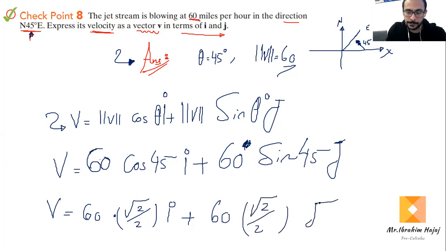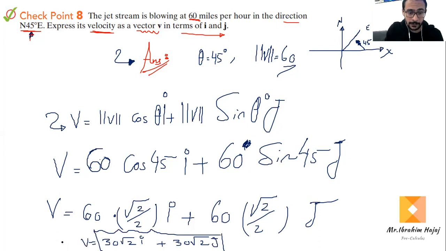So it's 30 radical 2 i plus 30 radical 2 j. Leave it like this. So this is V, your vector written in terms of i and j, using the magnitude and its direction theta. Any question? Clear for all?